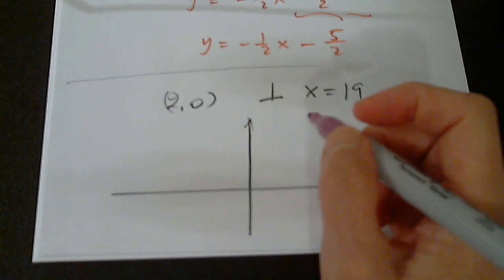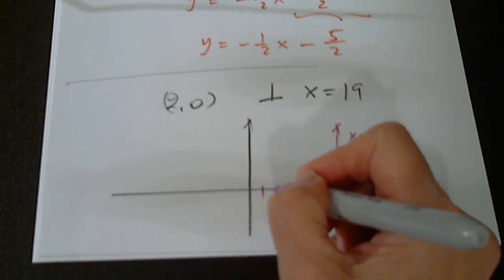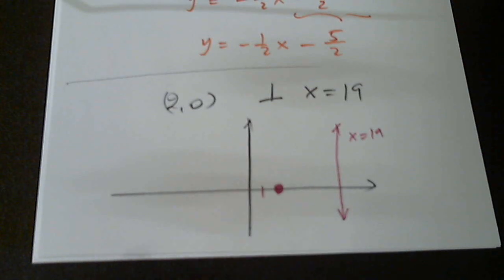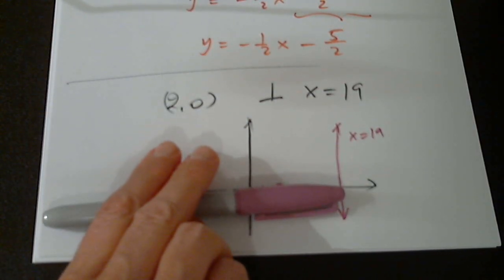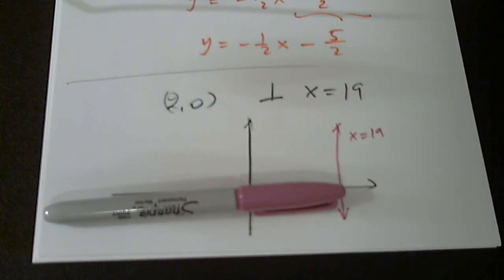The point (2, 0) is here. So they want us to determine the equation of the line that passes through this point and is perpendicular to x equals 19.